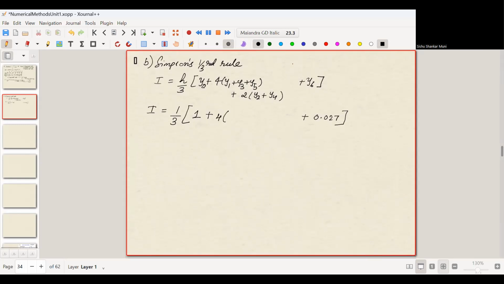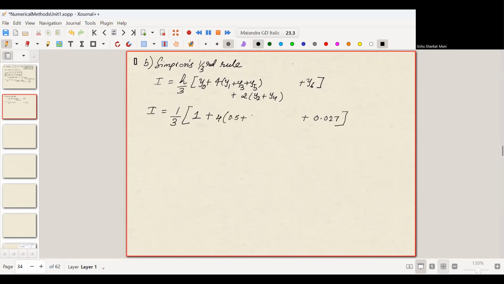y1, can anyone say? 0.5, right? Then y3 is 0.1, I think. y5? 0.0385. Okay.